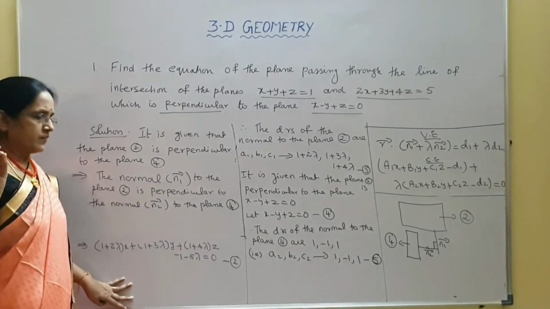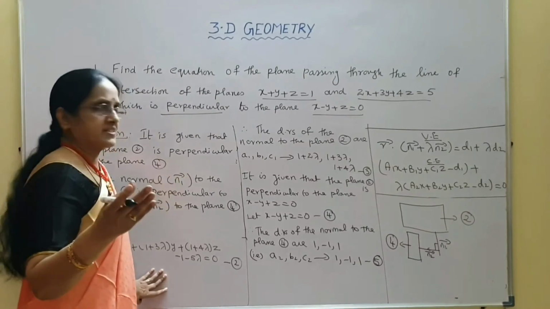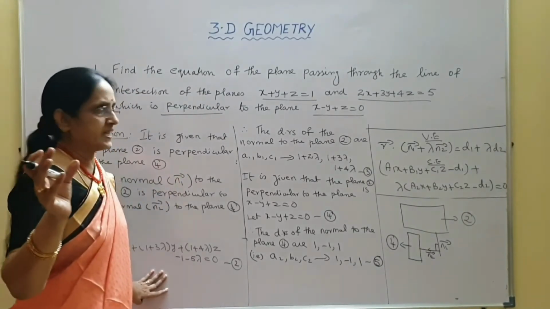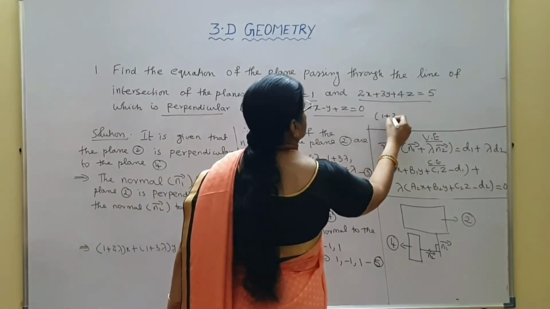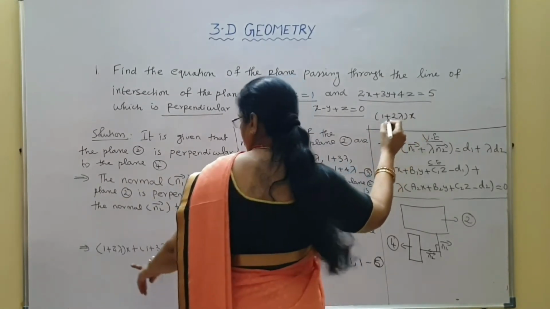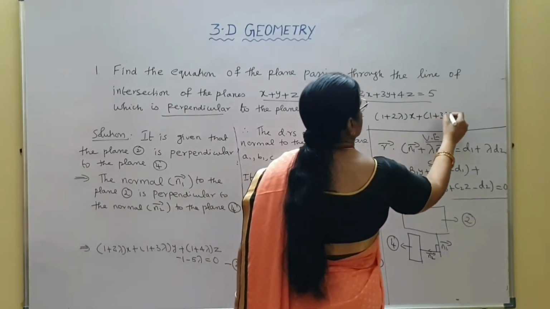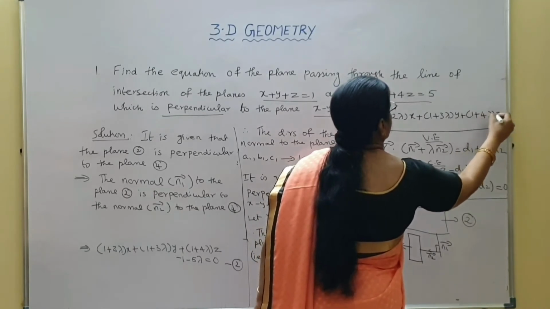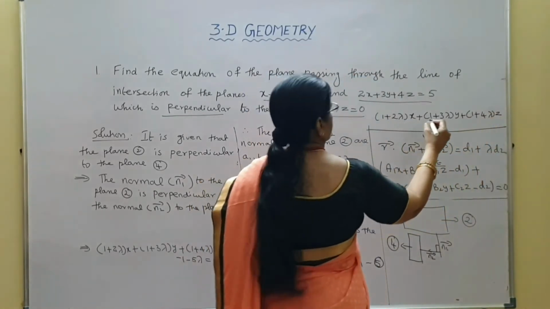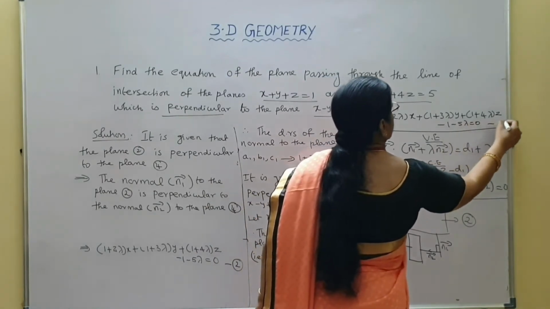Let me make a note of this particular equation 2 over here because I require it to get the equation of the plane at the end. That is 1 plus 2 lambda into x plus 1 plus 3 lambda into y plus 1 plus 4 lambda into z minus 1 minus 5 lambda equal to 0. That is our equation 2.